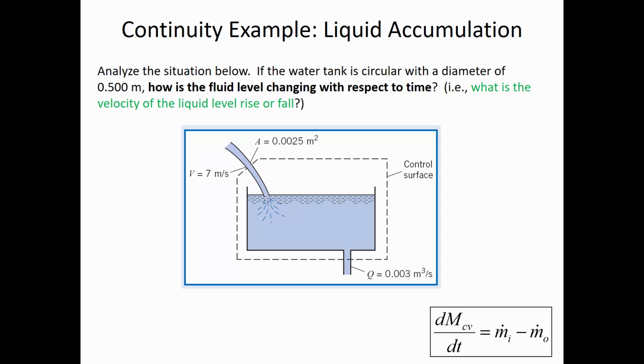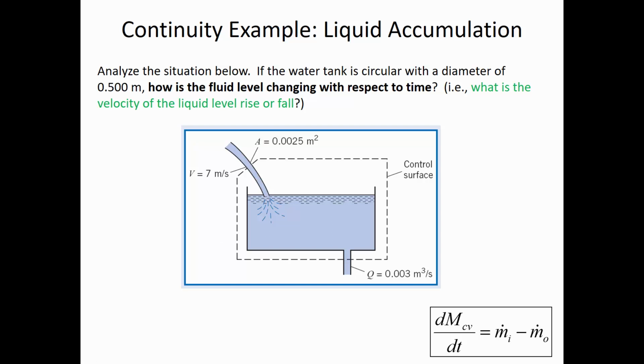The other clue that this isn't a free orifice is that we're not given any measurement from the liquid surface down to the opening. And so this is a regulated outflow, and it's given in volumetric terms, 0.003 cubic meters per second. So this is water, which means we can use the typical density of 1,000 kilograms per cubic meter.